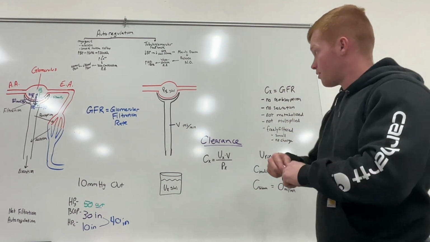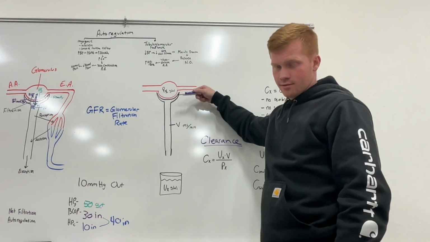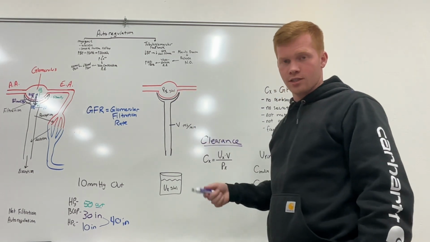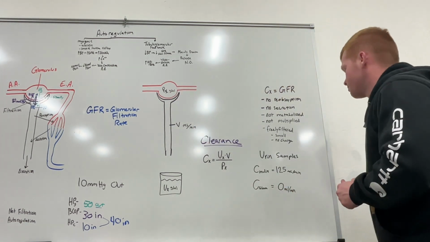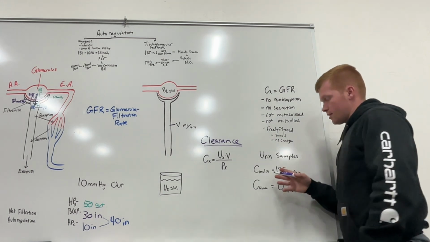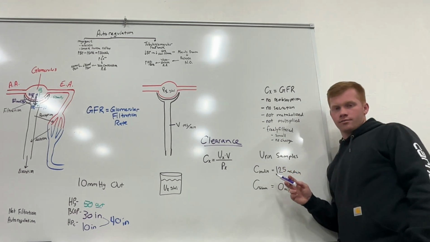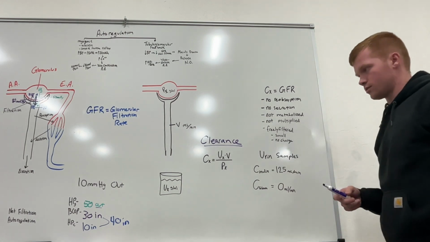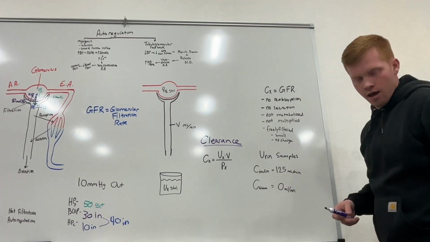Because if we're not filtering stuff fast enough, it's not good. If we're filtering stuff way too fast, there's too much, it's not good either. So inulin and creatinine are good solutes or substances for that.